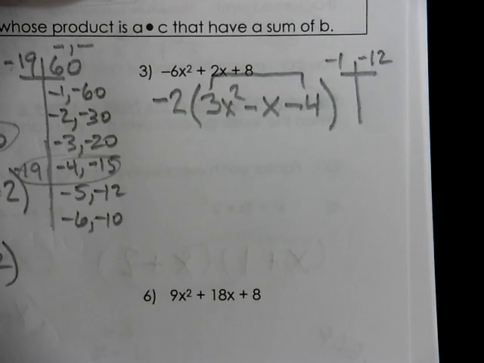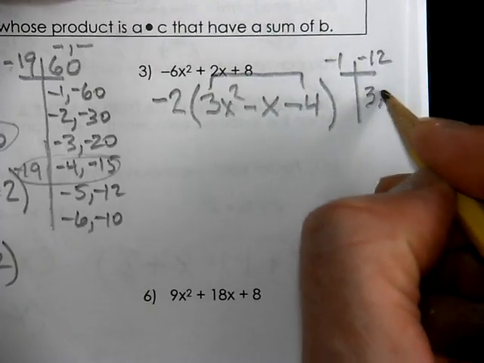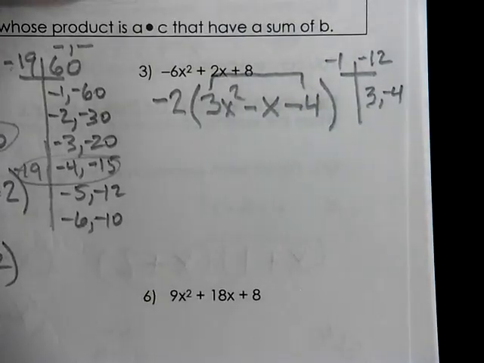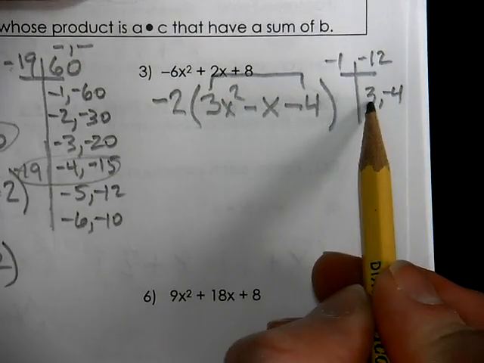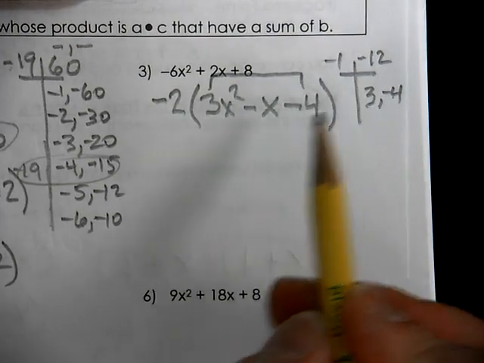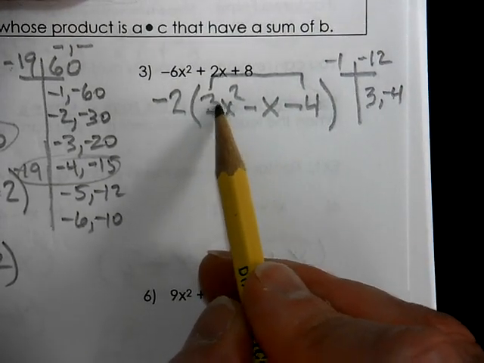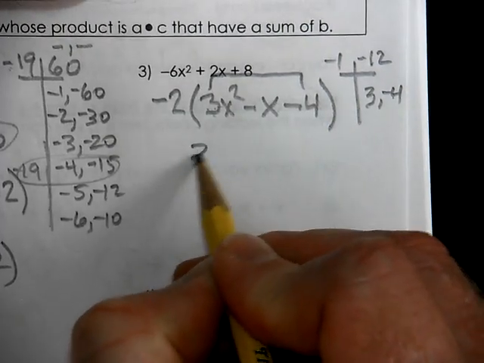Adds to be negative 1. I know right away that it's 3 and negative 4. But if you need to make the table longer, you're welcome to do that. I've shown you how to do that. So we're going to put our 3 and the negative 4 in between our A term and our C term.